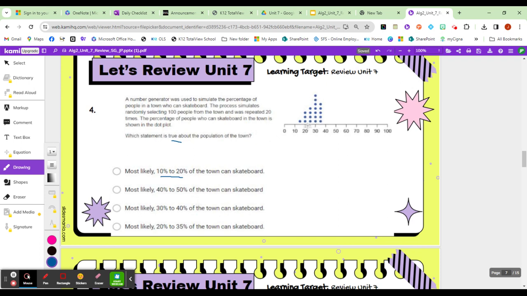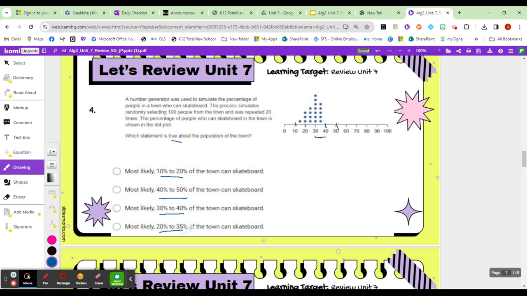So we're looking for where the most of this data lies, where the most of the points lie. So if we go to 10 to 20, most of the points are not going to lie from 10 to 20. The next one says 40 to 50. Well, no points lie from 40 to 50. The next one says 30 to 40. So that would be 1, 2, 3, 4, 5, 6, 7, 8, 9, 10, 11, 12 dots.